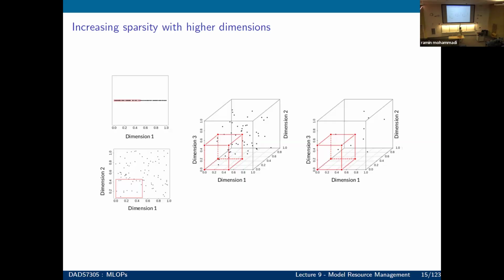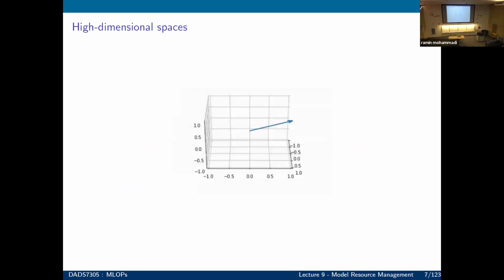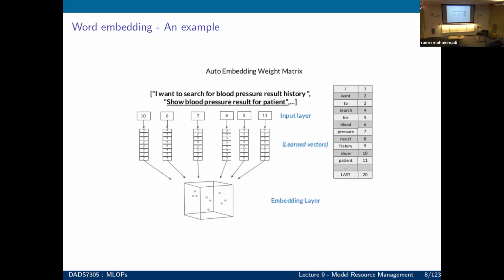Now, if you go to 3 dimensions, the number of points that fall within gets even lower. So when you do something like embedding, the more dimensions you have in your embedding, the better the learning. That's the idea, because you allow the model to learn a better representation of the words.